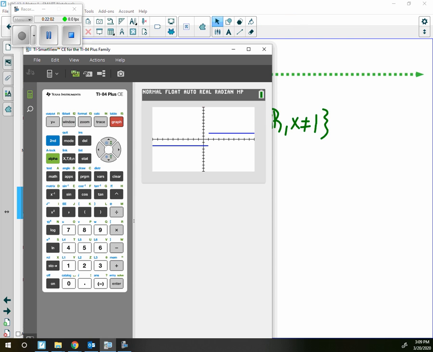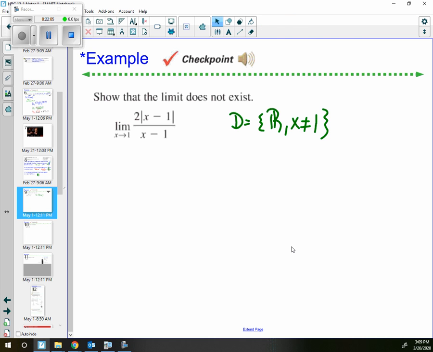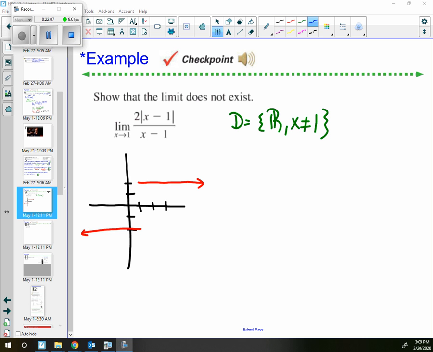I'm going to go ahead and make kind of a replica here. As x is getting closer and closer to 1, so we're going in this direction and this direction, we're looking closer and closer to this c value at 1. Is it going to have a limit? Well, here's our issue. f of x, the value of the function down here, all these values are at -2.